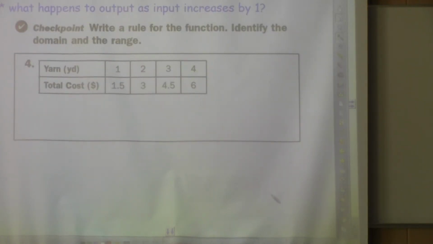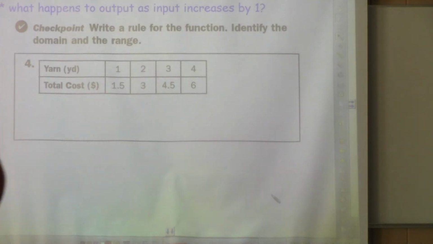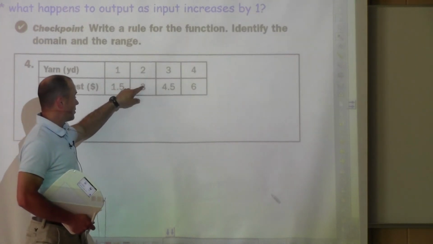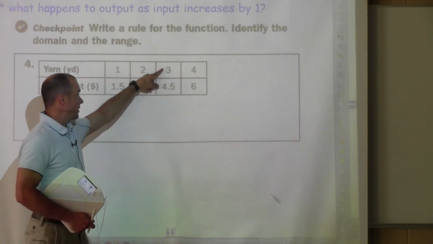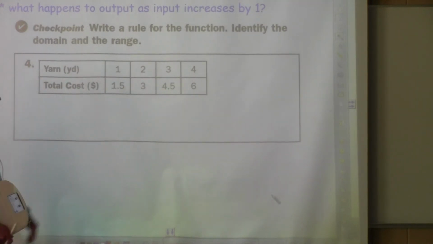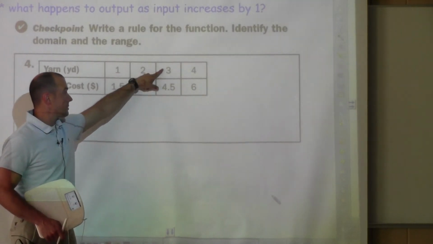Okay, jump to checkpoint problem number 4. See if you can come up with a relationship in this one. I can't just say add a half, that doesn't work because this one's adding 1, this one's 1 1/2. Now check for multiplication. 1 times 1 1/2 would be 1 1/2. 2 times 1 1/2 is 3. 3 times 1 1/2 is 4 1/2.